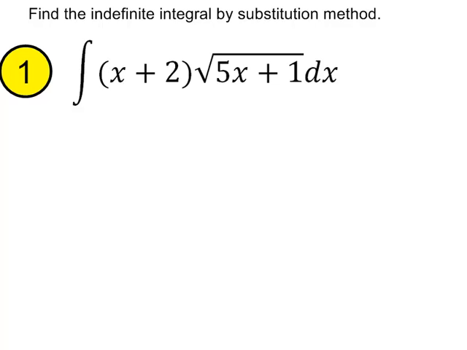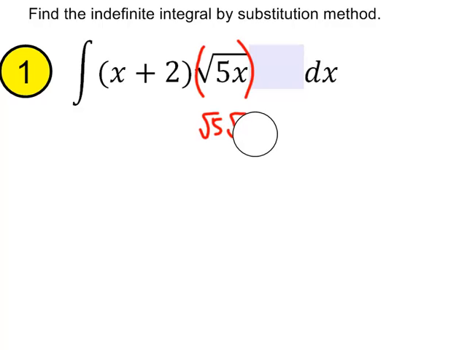Okay, for this first exercise, let's discuss how this problem would be different if the plus 1 underneath the radical were not even there. Well, in that case, we would just distribute this root 5x, and we could really think of that root 5x as root 5 times root x, but of course root x is just x to the 1/2 power.